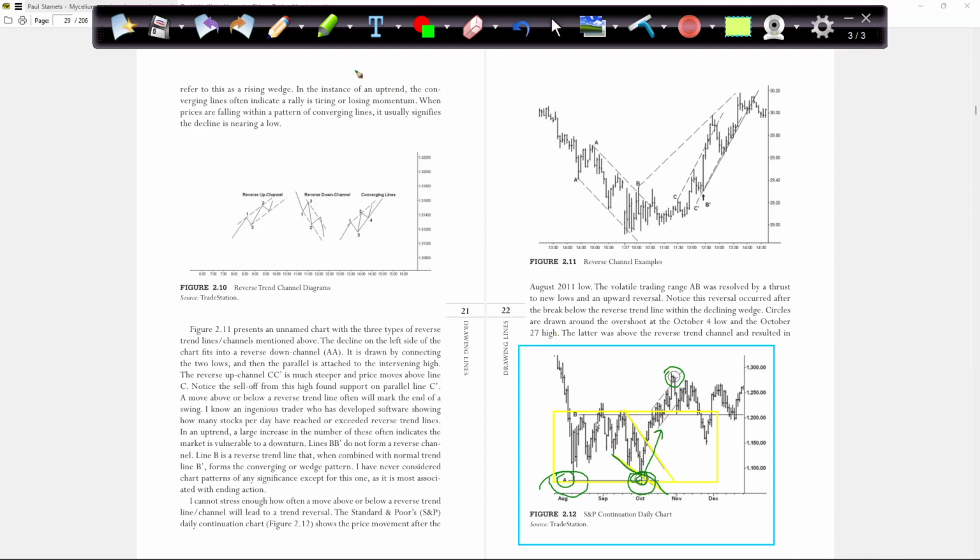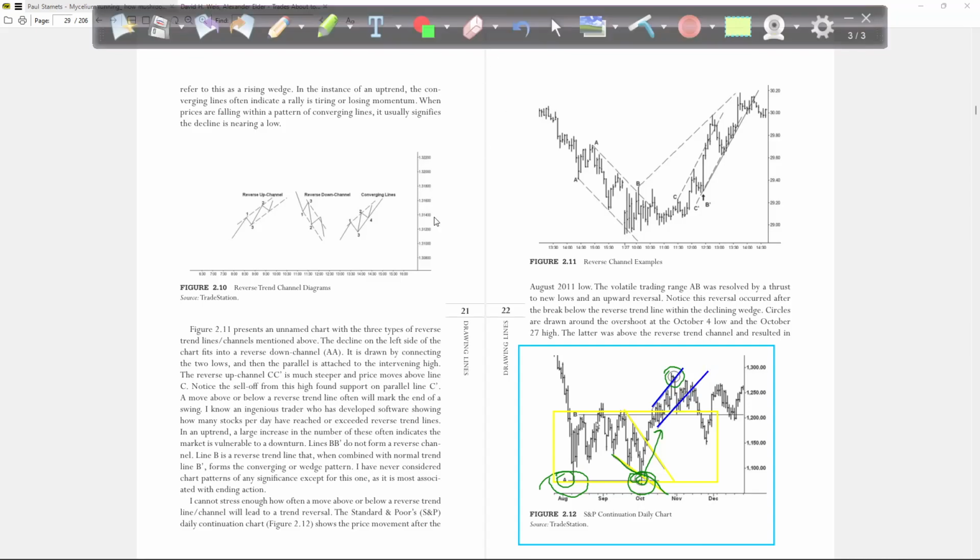So we have again this line for 4th to 27th. The latter was about the reverse trend channel and resulted in this one channel.